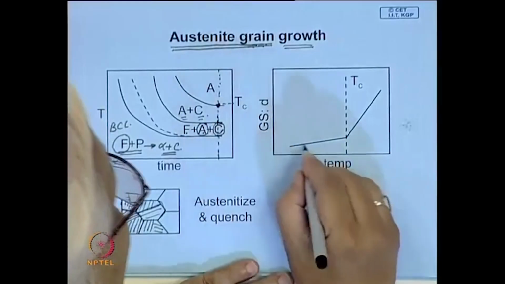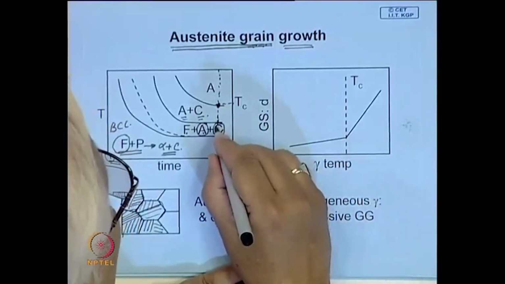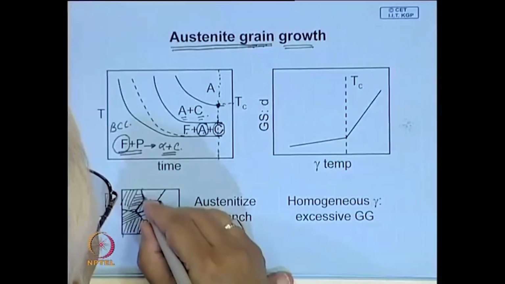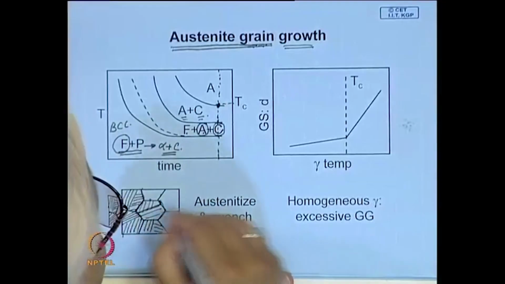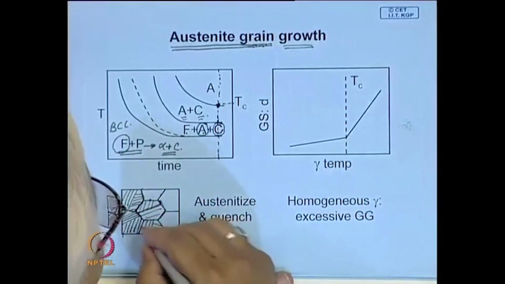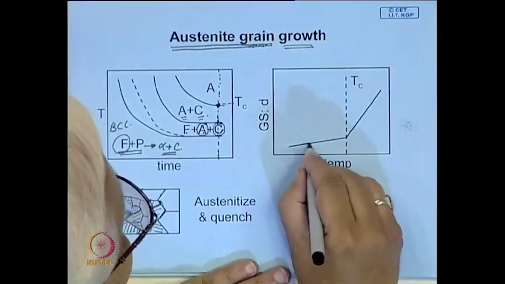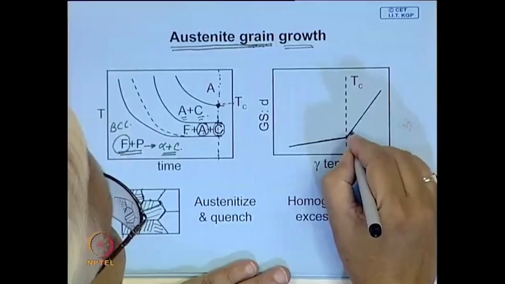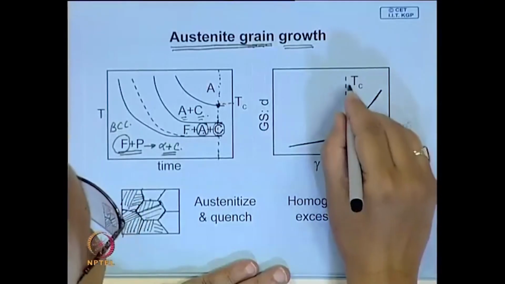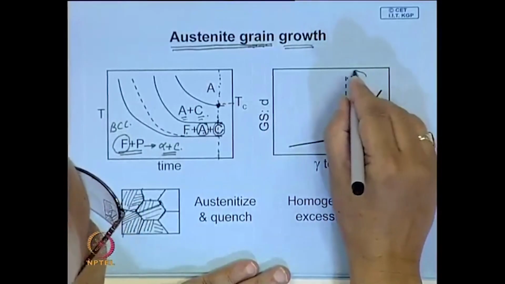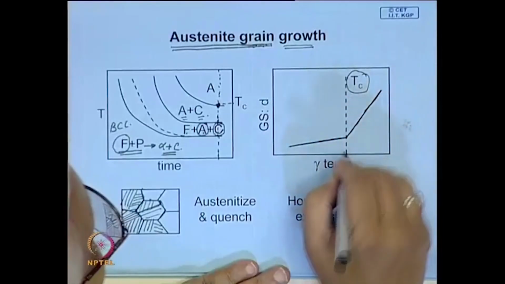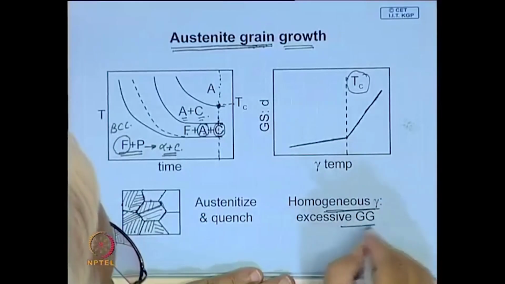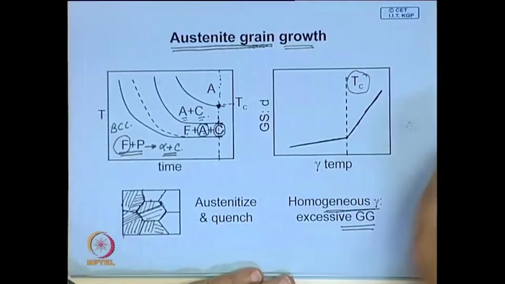And here you will find, as long as you have carbides which can block the movement or which have pinned the grain boundaries, the austenite grains do not grow, that growth is slow. But once these carbides dissolve, then the growth increases significantly. So, you can see here, this is the critical temperature when all carbides dissolve, you have homogeneous austenite, and you are likely to have, under such conditions, excessive grain growth.